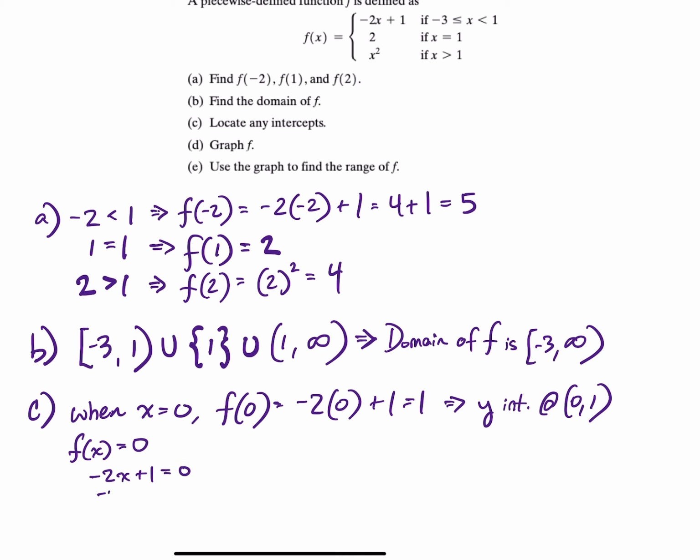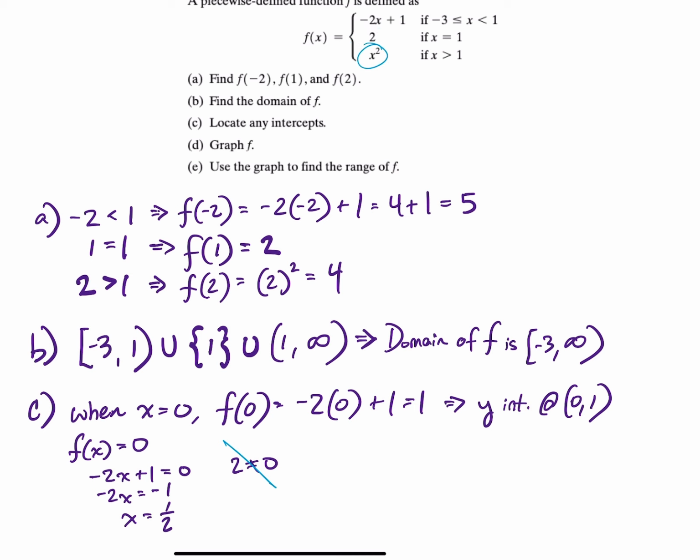I would subtract the 1 over, divide by negative 2, and I get positive 1/2. And that is in this little subdomain here. So that looks pretty good, but just to check the other two, for our second condition, 2 will never be equal to 0. So it's not going to exist here.